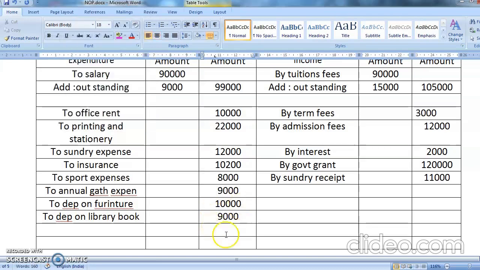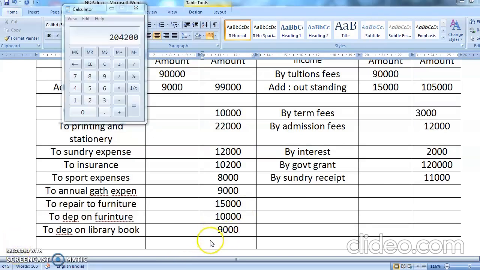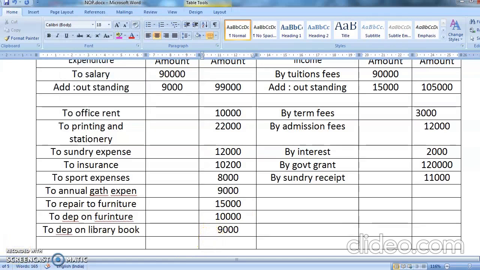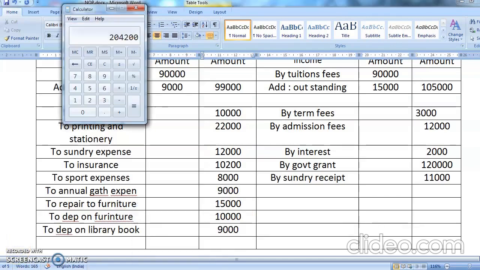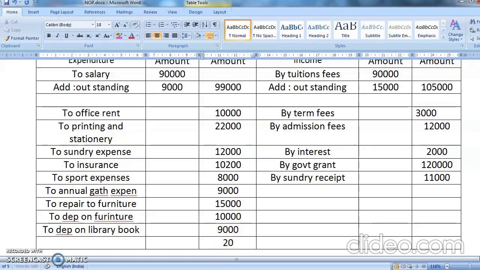So see, my totaling is coming here as 2,04,200. So here my totaling is 2,04,200.